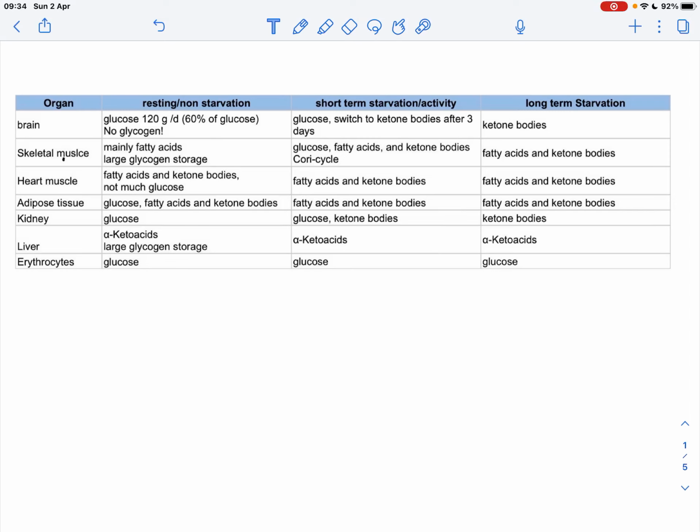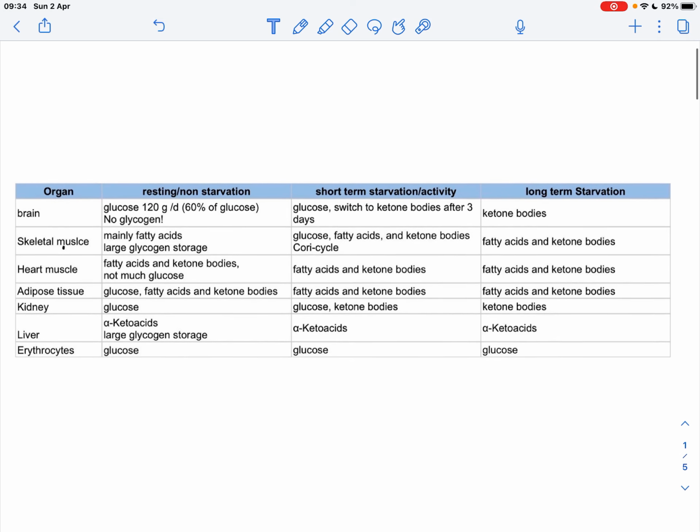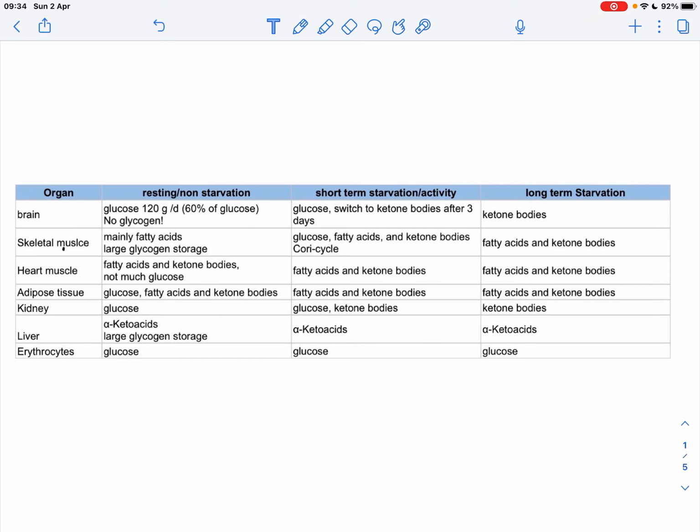Now in the last session we discussed how glucose, the universal fuel for basically every single cell, is broken down by various cells.